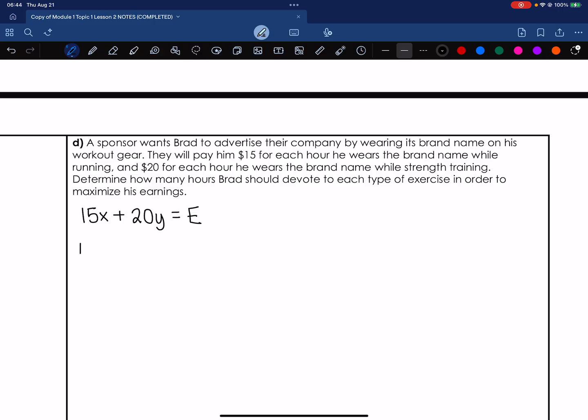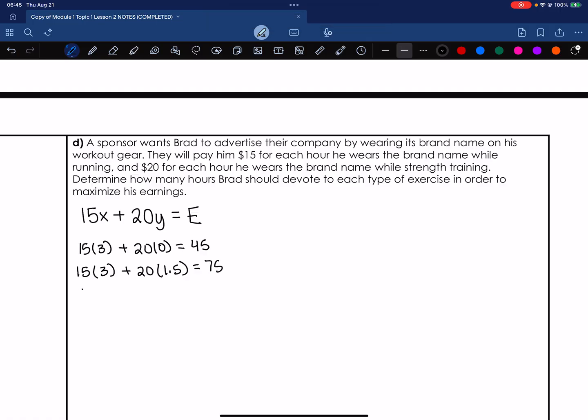So that would be 15 times 3 plus 20 times 0. He would just get $45 from that. If we do 15 times 3 plus 20 times 1.5, he would get $75 for that.